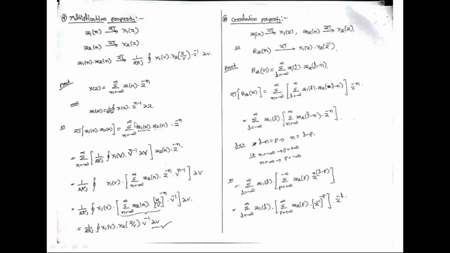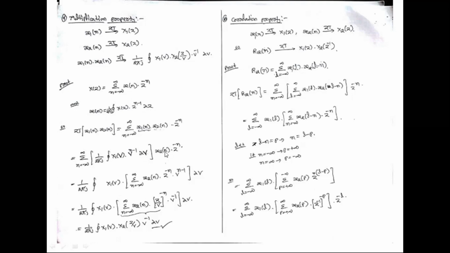And substitute this in the definition of the Z transformation for the other signal x2. The sum of n from minus infinity to infinity, 1 by 2 pi j, the integral x1 of v. To prove the property, they are asking it in terms of v, so I am changing this z as v, since I am substituting for x1 of n, v power n minus 1, and dz is written as dv here.